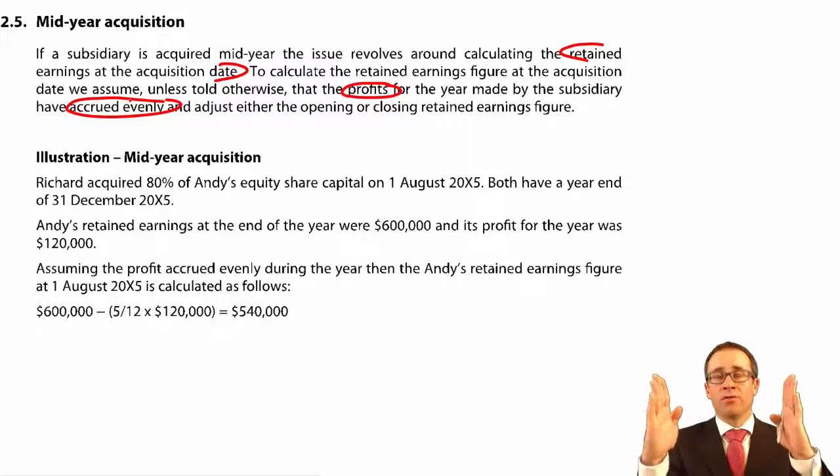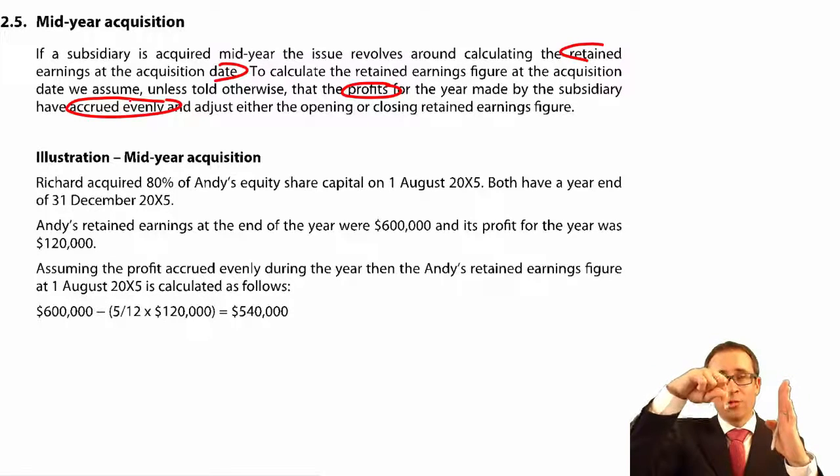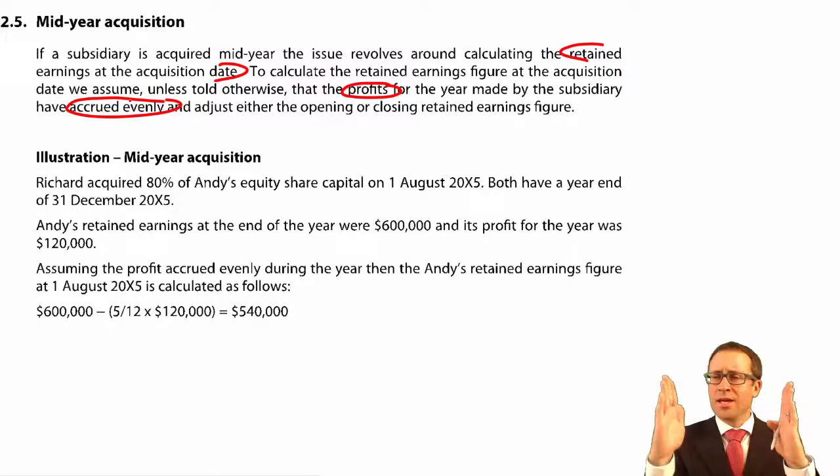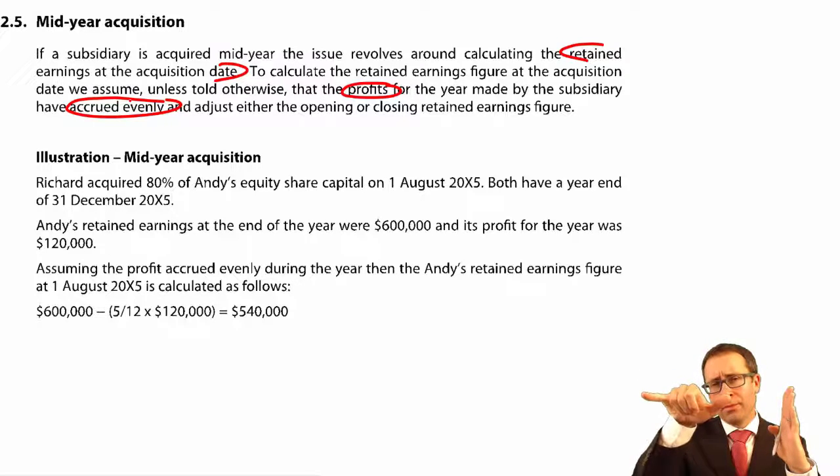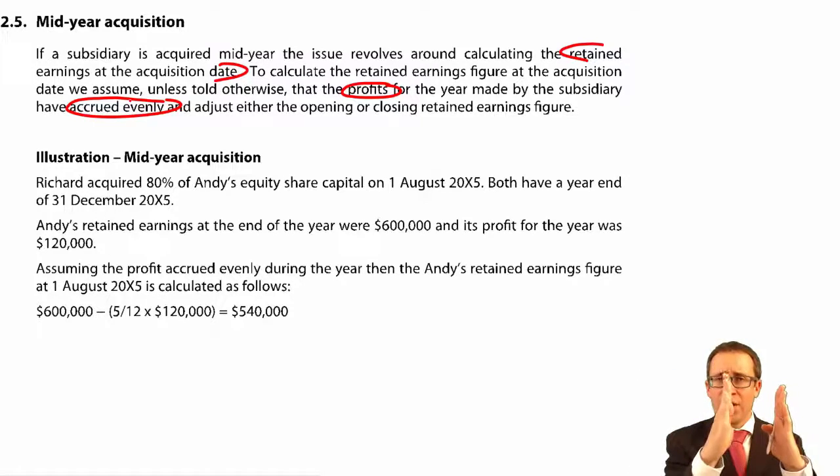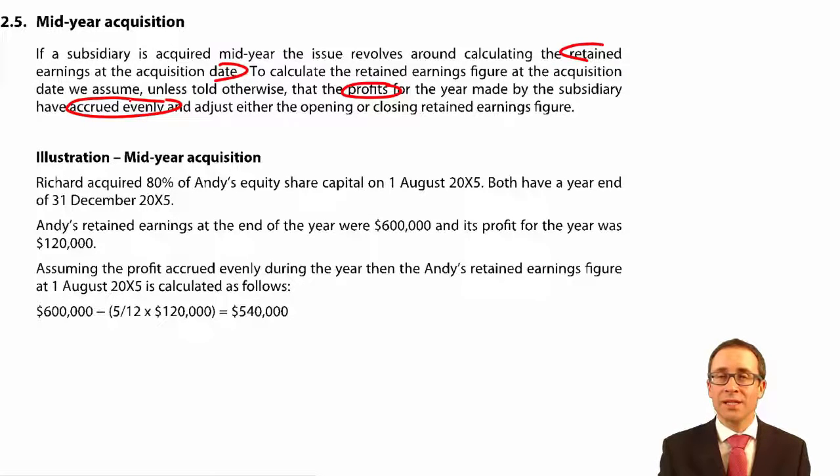If we know what the profit is for the full 12 months, then we can work out the retained earnings at acquisition by prorating those profits and then taking either the opening retained earnings and adding on a portion of the profits to get to the retained earnings at this point, or alternatively, taking the retained earnings at the year end and deducting this portion of profits post acquisition to work out the retained earnings at the reporting date.